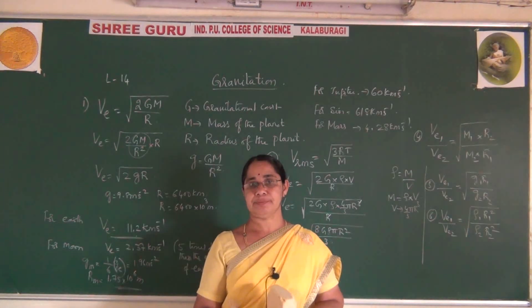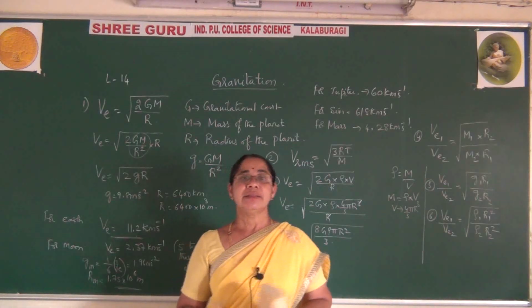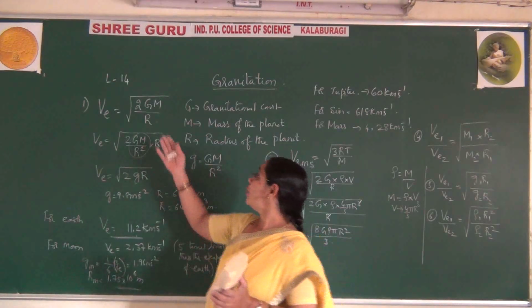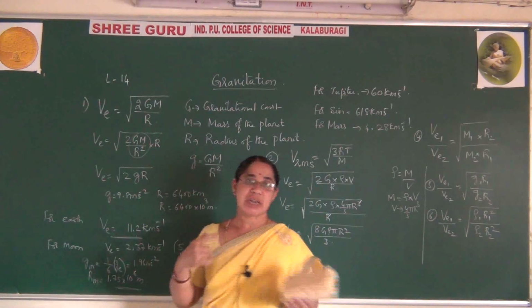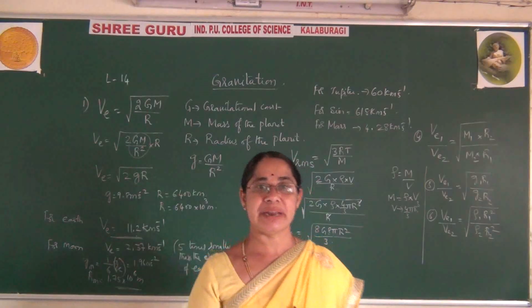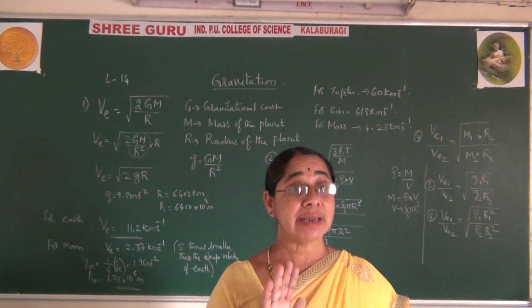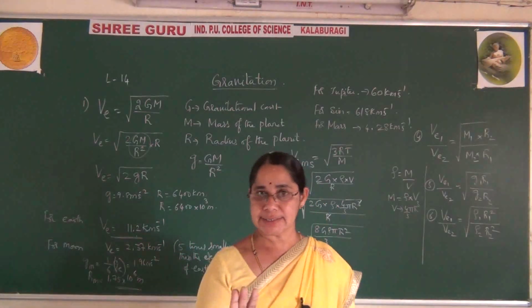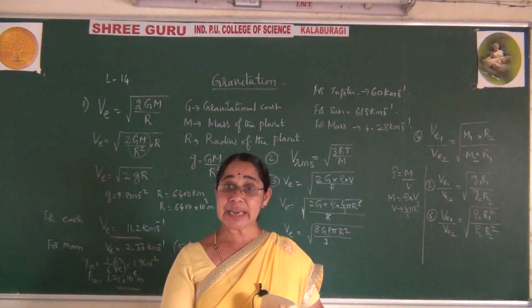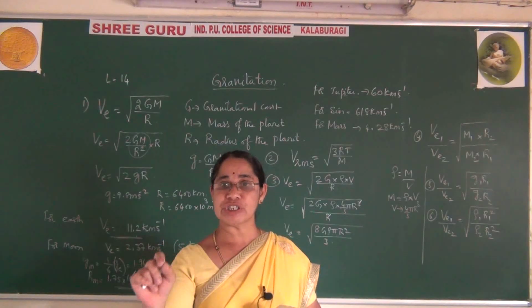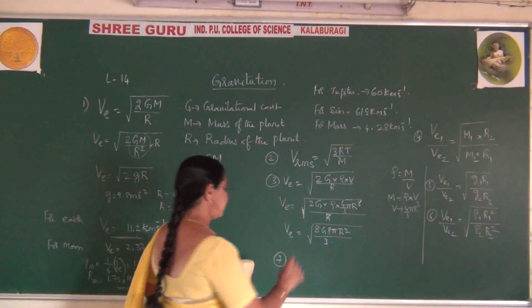At that time, remember, theta is independent here. Nowhere do you find theta. So whatever the angle, maybe 0, 90, 30, or 45, it is irrespective of the angle. Hence, escape velocity is independent of angle of projection. That point you can remember.